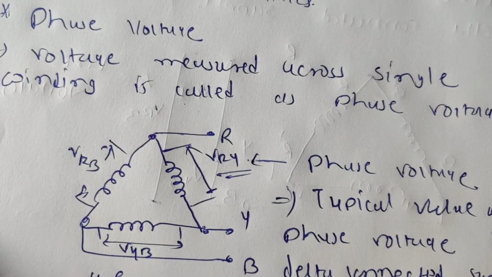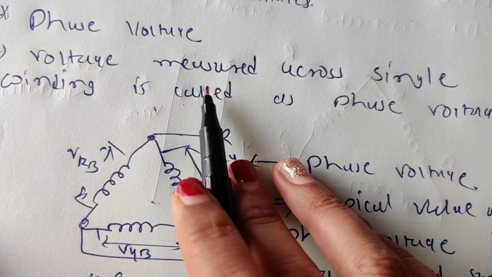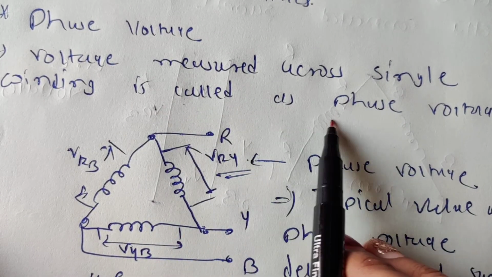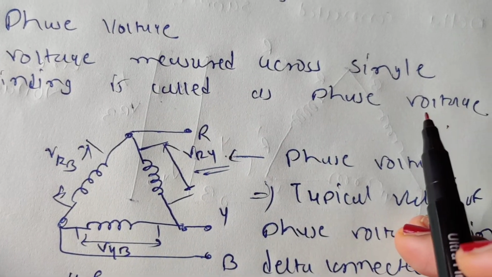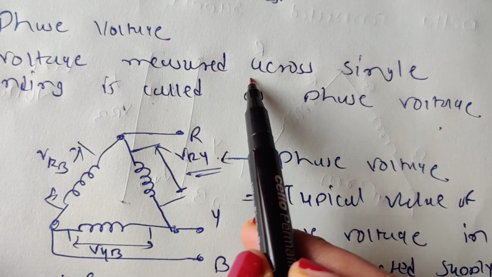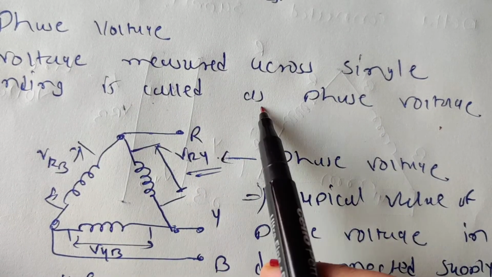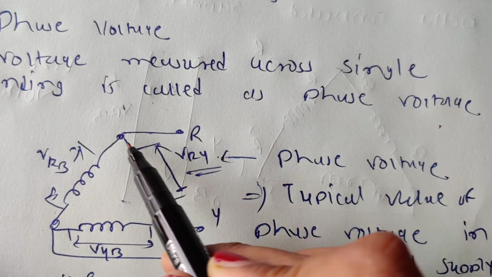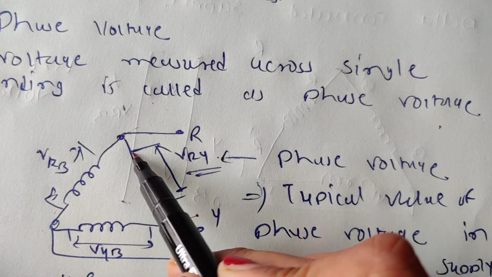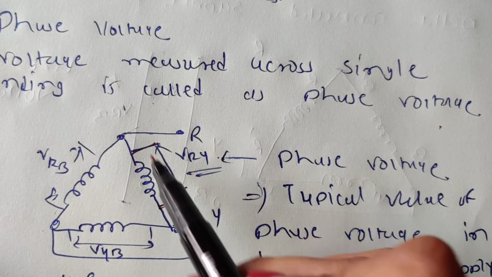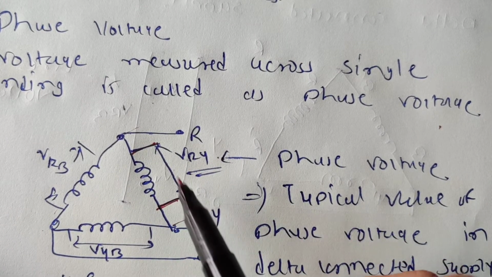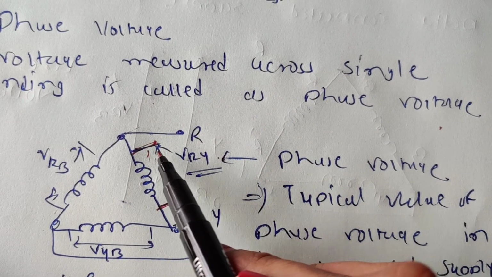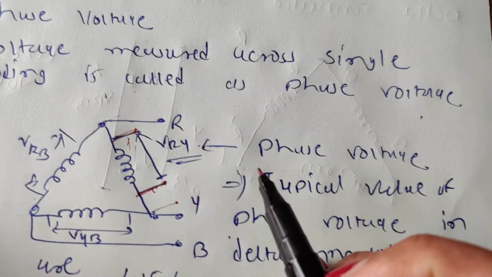Now about the phase voltage. The voltage which is measured across a single winding is called the phase voltage for a delta connected load. If this is my delta connection, this is my single winding, and if I measure the voltage across this single winding, that is known as the phase voltage.